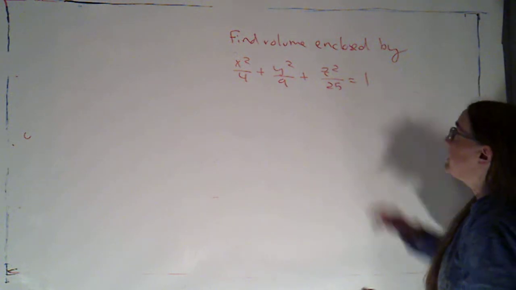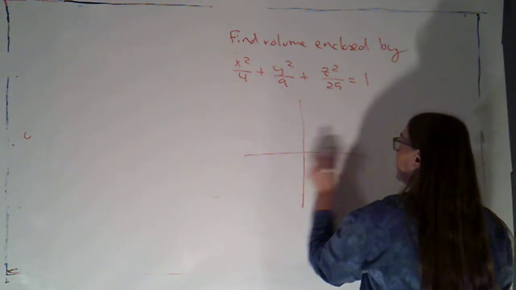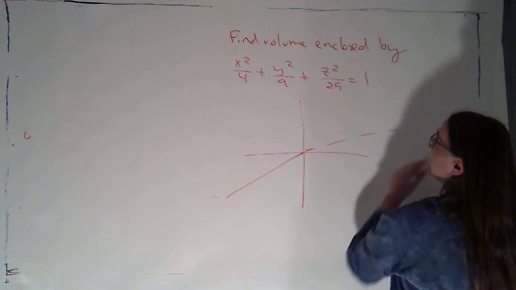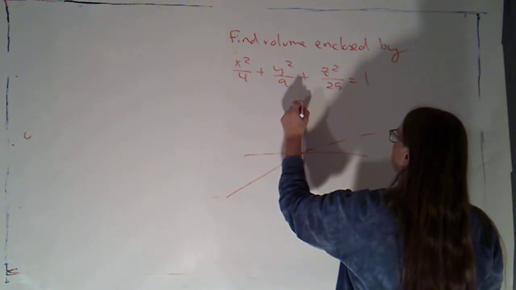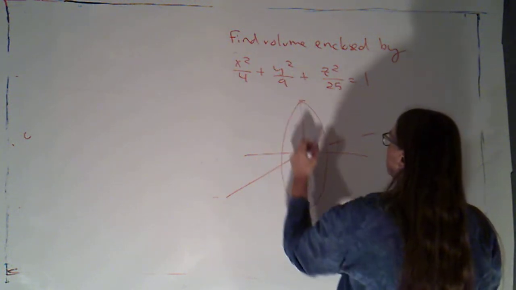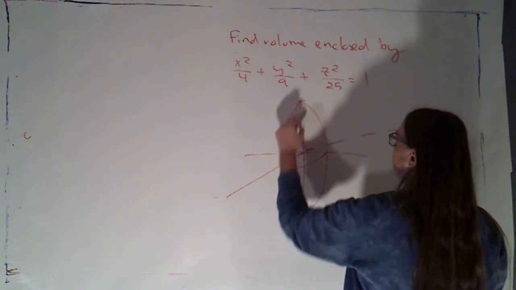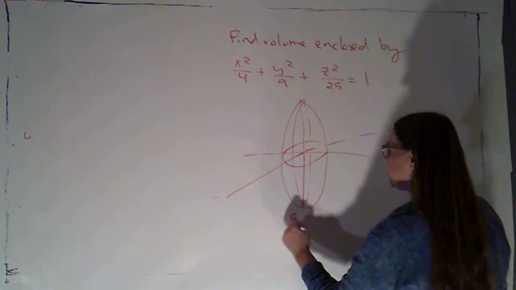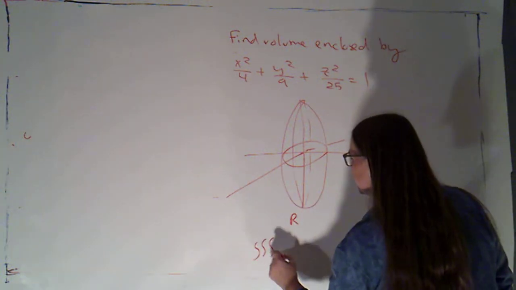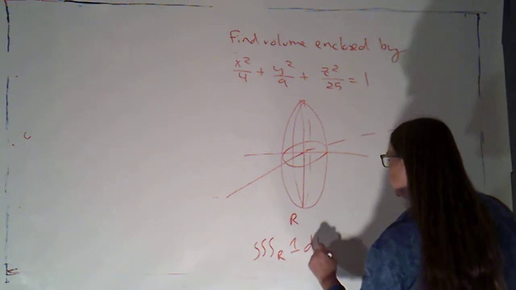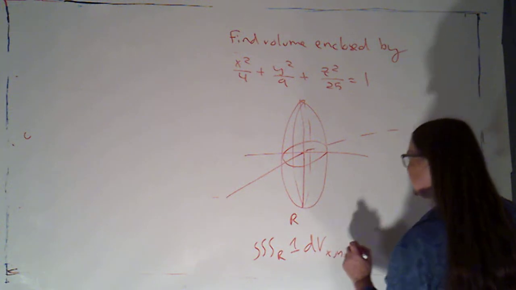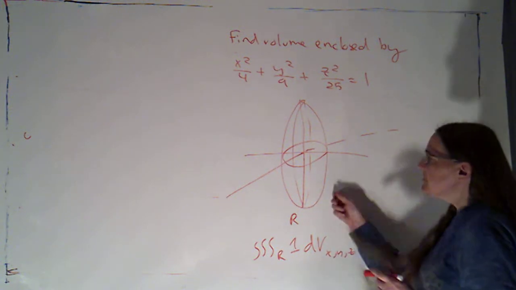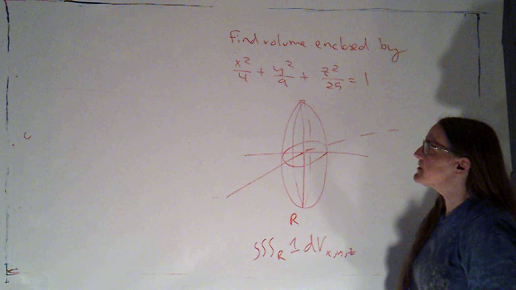So this is just an ellipsoid in 3-space, and it's going to look something like so, and I want to try to find the volume of that. So I'm going to call that my region R. And I know this would just be the triple integral over R of 1 dV in the xyz system. But I'm not super crazy about having an ellipsoid here.